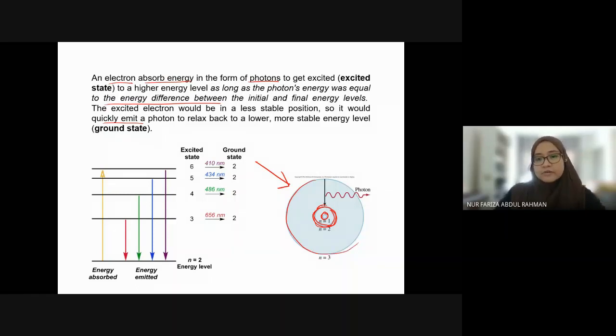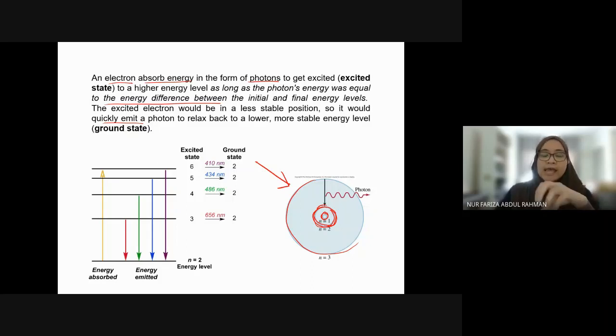Initially the electron may have been at the ground state, or n equal to 1, because n equal to 1 is the most stable and has the least energy. The shell or orbit has the least energy and it is stable.